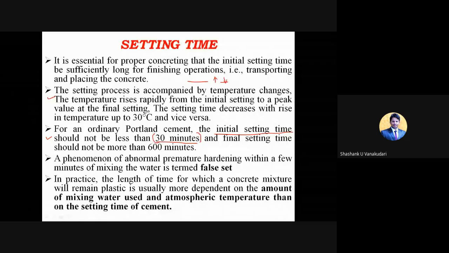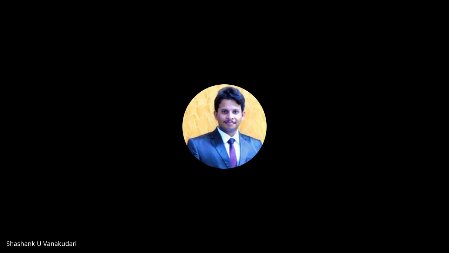That particular time we call the initial setting time, and as per the Indian standard recommendations, it should not be less than 30 minutes. Similarly, they have given conditions and limitations even for the final setting time. As per the Indian standard code books, the final setting time should not be more than 600 minutes.